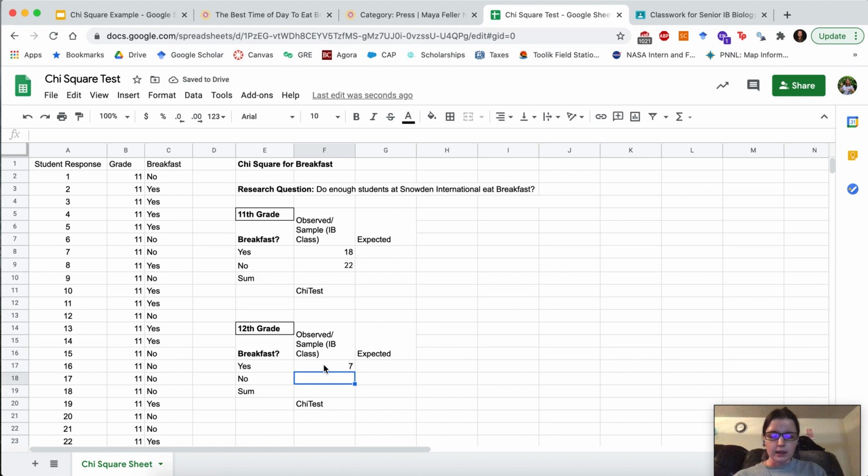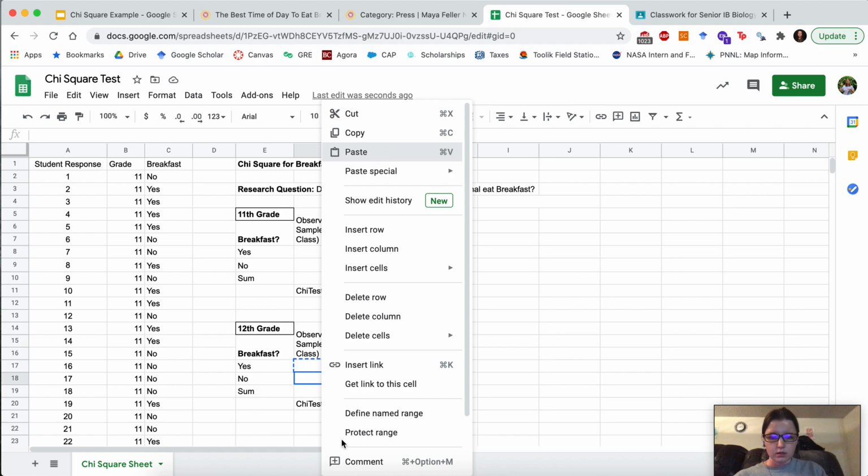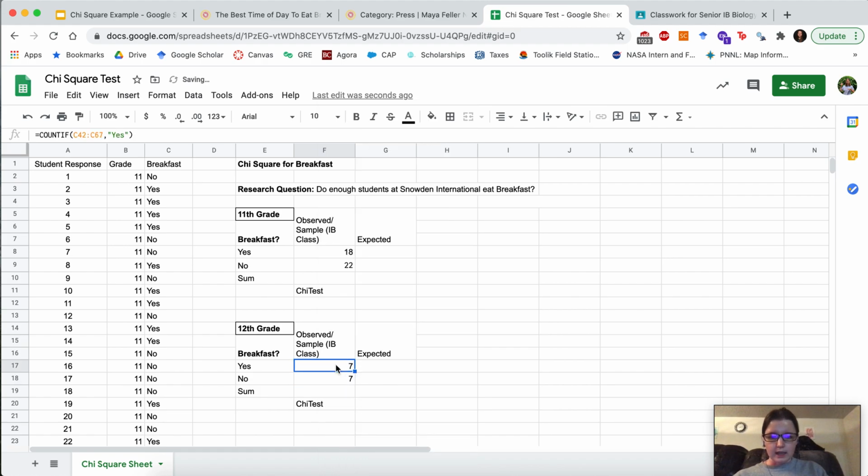Now, another thing you can do is you can take this cell and you could just copy it, and then if you paste it here, it'll paste exactly what's in this cell to the next one, but it will change the range. So you see how it goes from C42 to C67 to C43 to C68.